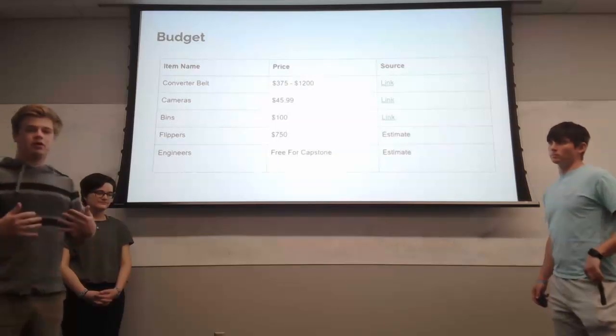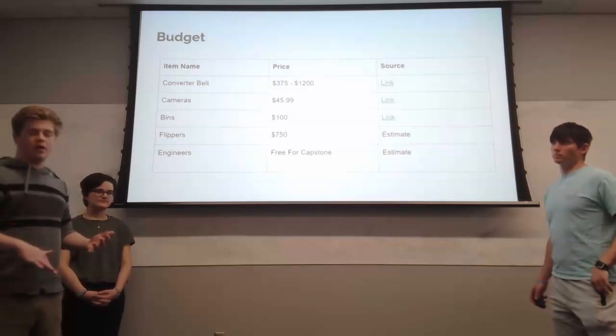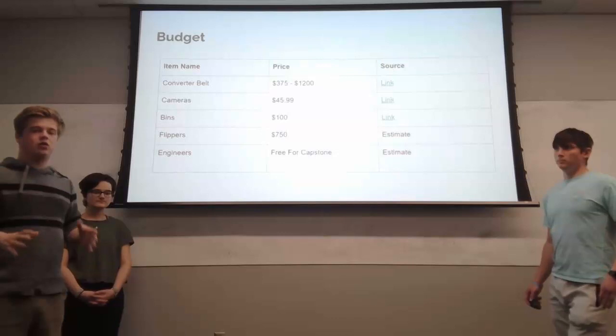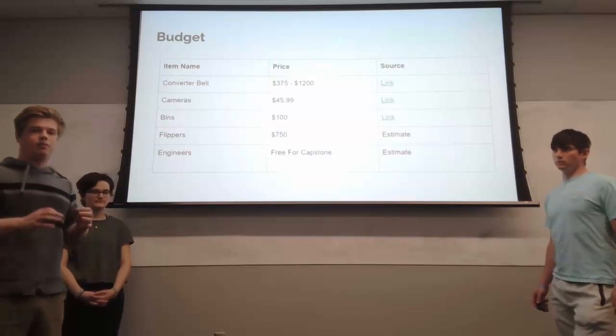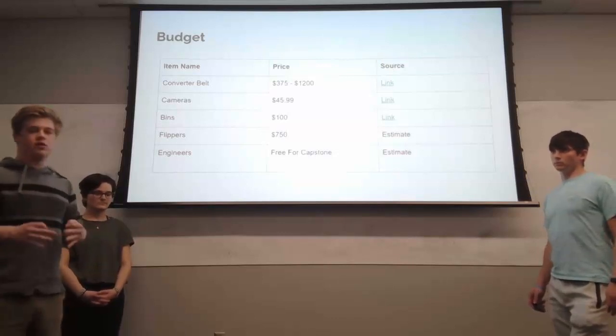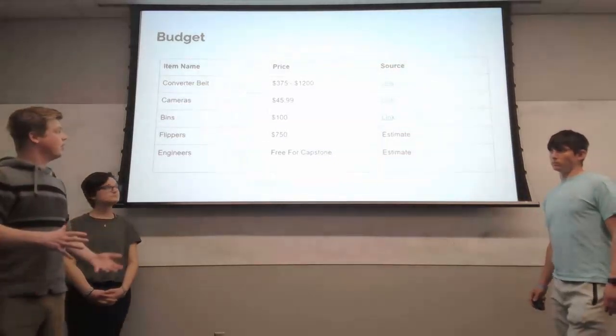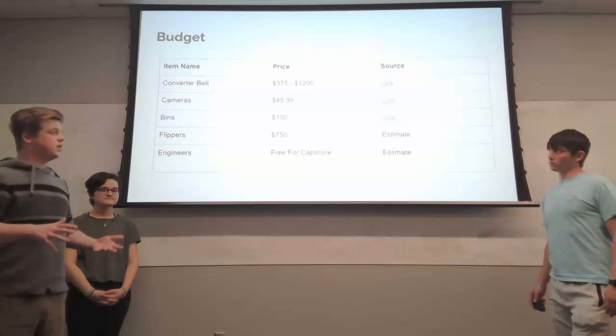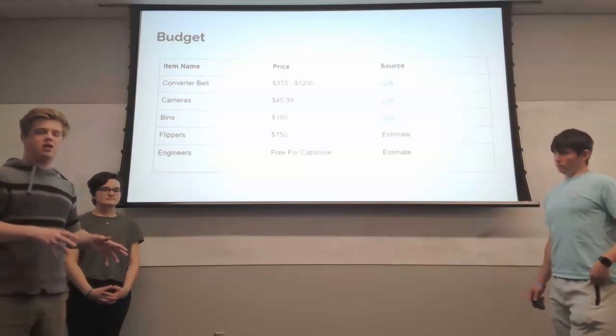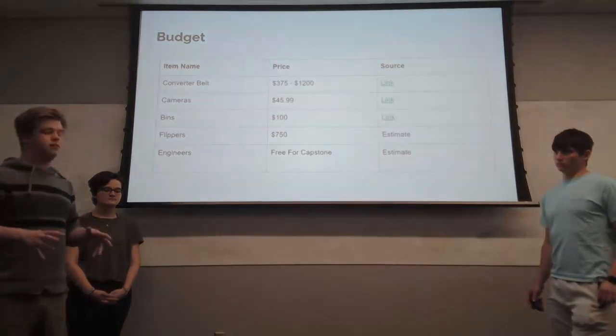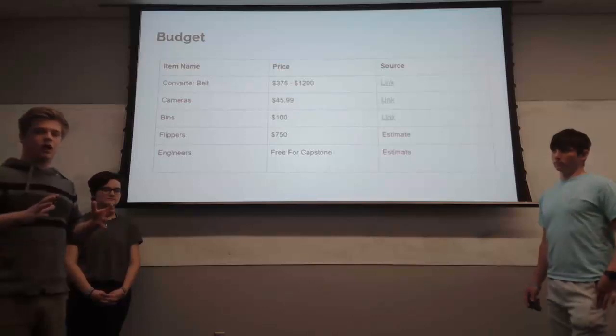For the conveyor belt, we looked on Amazon, and for each of the other items, we also looked on Amazon, as they didn't incorporate shipping or any other bonus charges that would increase the overall price. The conveyor belt was between $375 and $1,200, varying on the size of the belt and other items such as handlebars or other mechanisms.